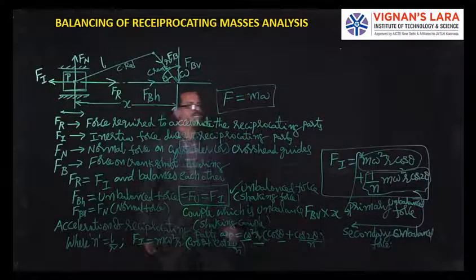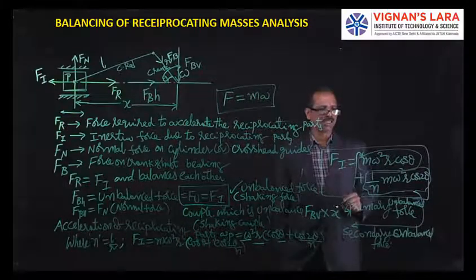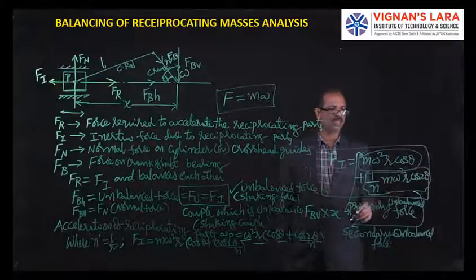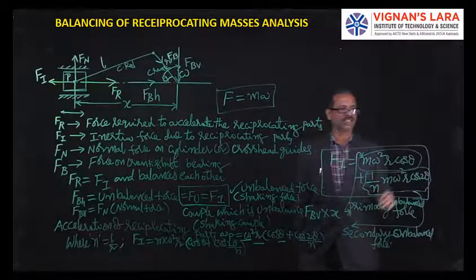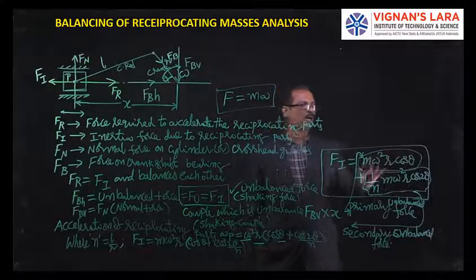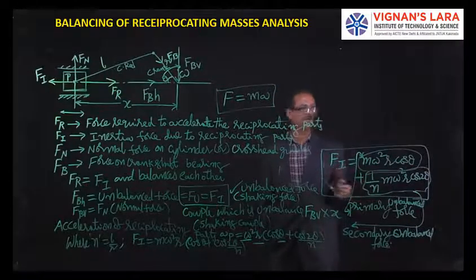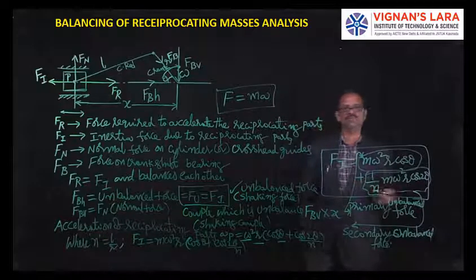So you can see the primary unbalanced force is m omega square r cos theta and the secondary unbalanced force is m omega square r cos 2 theta by n. You can identify that cos theta can be maximum 1, it ranges from 0 to 1, and cos 2 theta also ranges from 0 to 1.